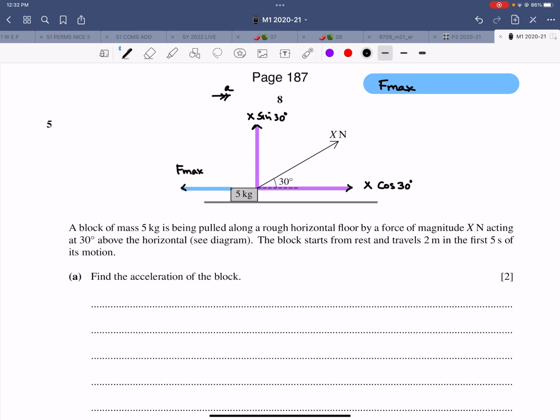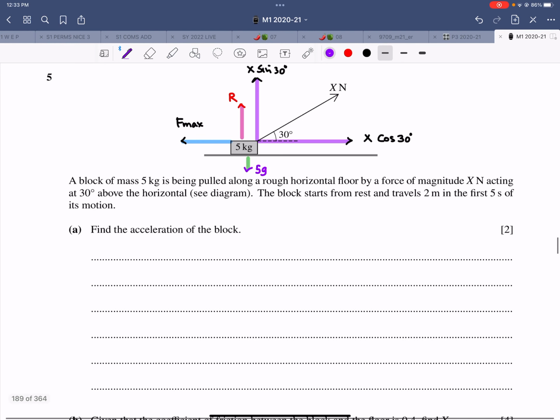What else is needed? We need the weight of the particle, which is of course obvious, but something even less obvious is the concept that we need the R also, because F max is dependent upon R. So this is R and this is 5g.